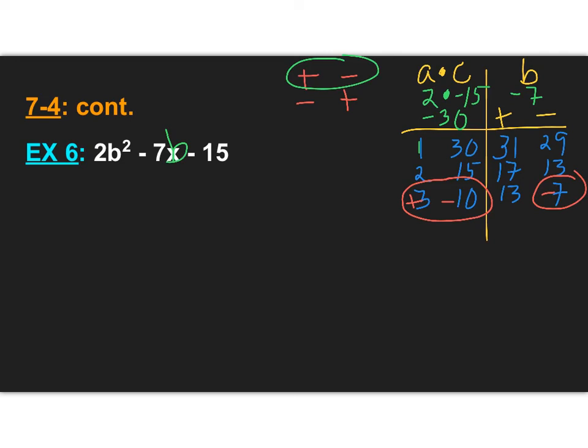Sorry. So our variable should be a b. So here's a b and here's a b we're going to tack on. And we're going to replace this negative 7b with a positive 3b and a minus 10b. So bring down your bookends, 2b squared and minus 15.